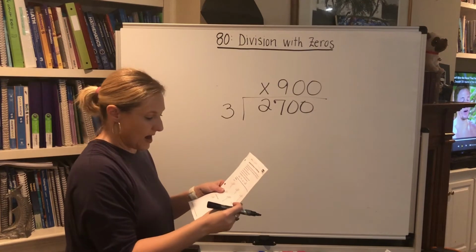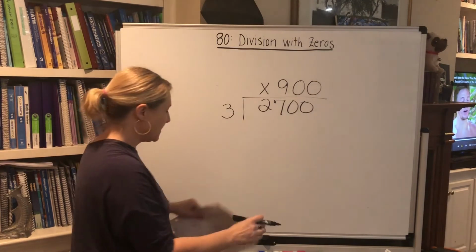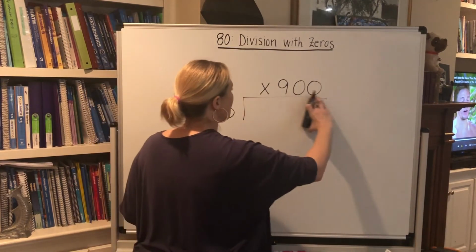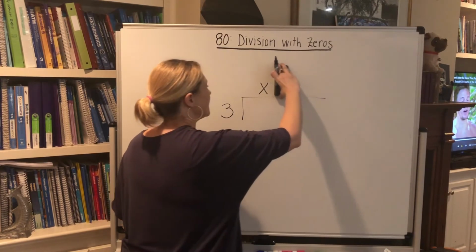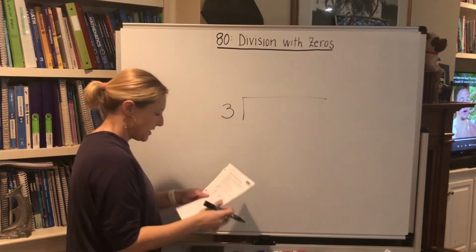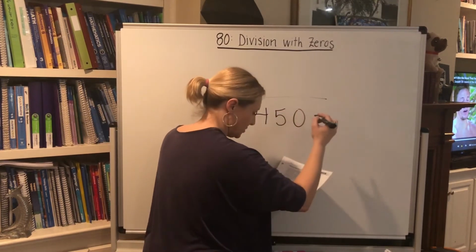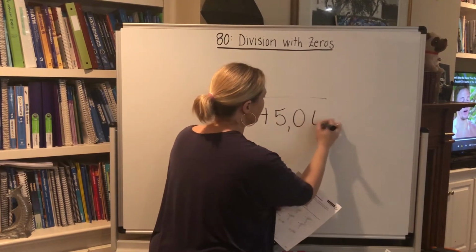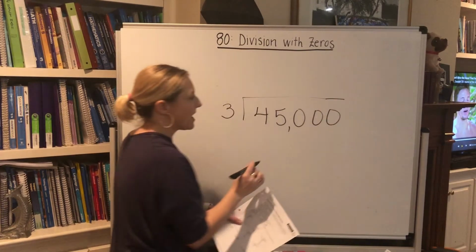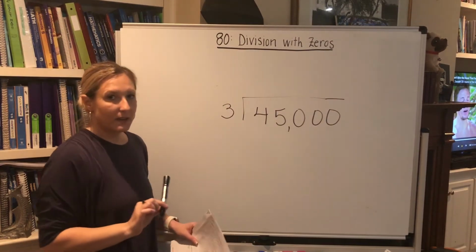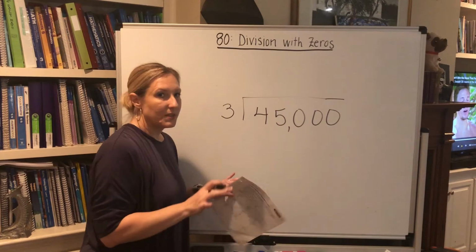Okay, number 9. This one's a little harder because it's not a times table that you're going to use, but it will turn out to be just as easy to do in your head. We have 45,000 divided by 3. So let's start at the beginning and do the same process.